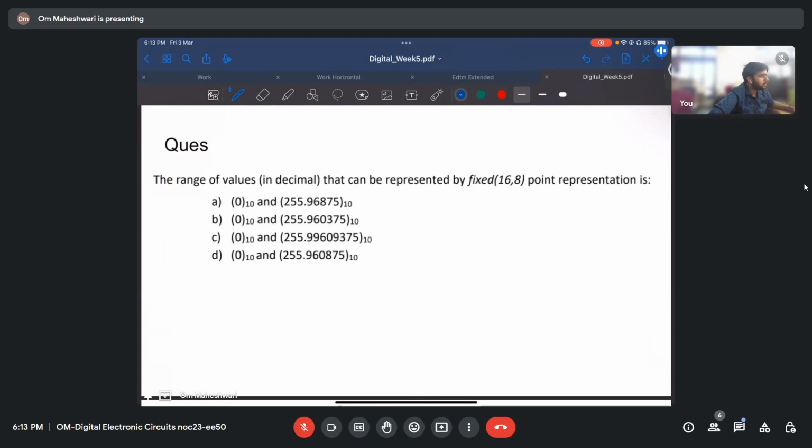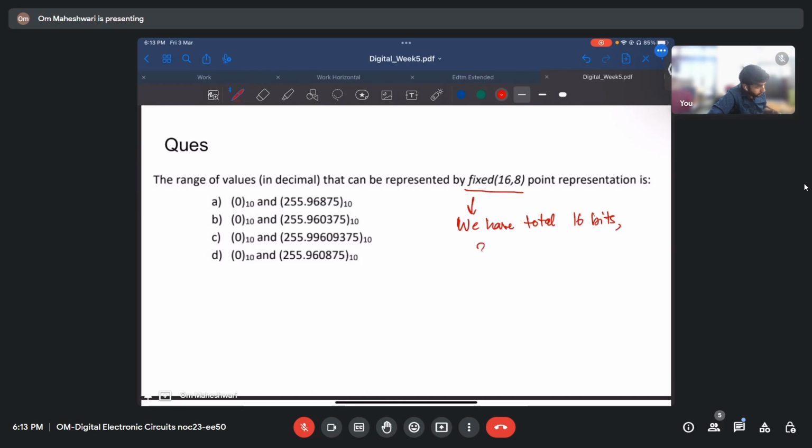The next question says: the range of values in decimal that can be represented by fixed 16, 8 point representation is. So what is fixed 16, 8 point representation? That means we have a total of 16 bits.